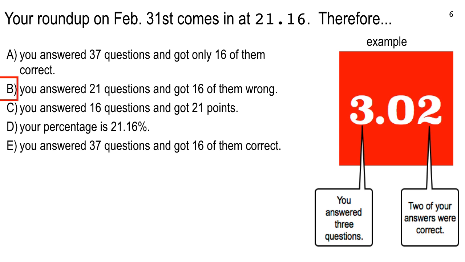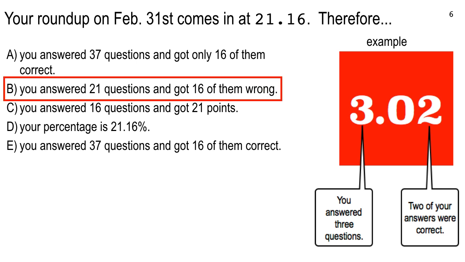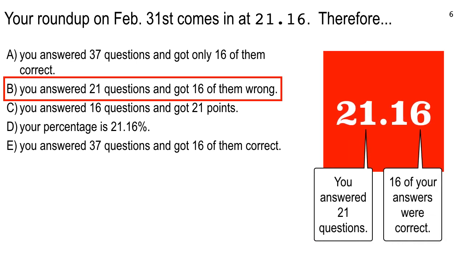Let's take out the example, and this is the correct answer, B. And here's how you analyze it. Yeah, it's also wrong. We should say 16 of them are right. Oh! There wasn't a correct answer.